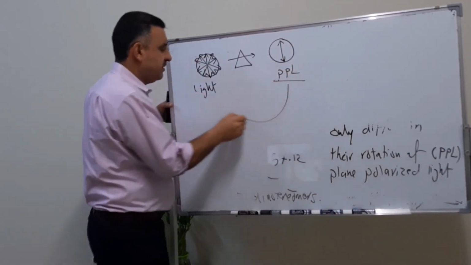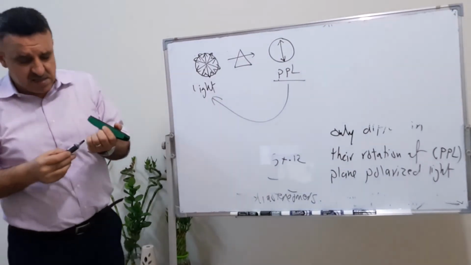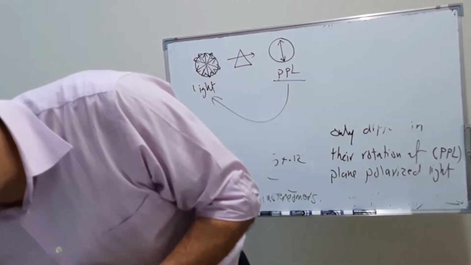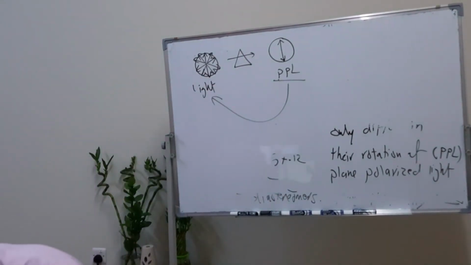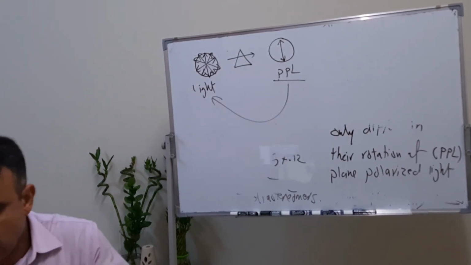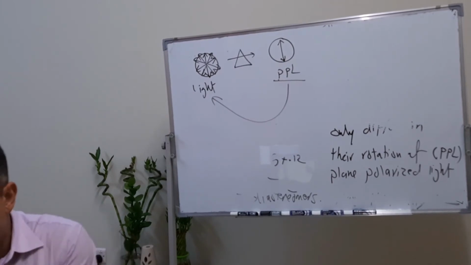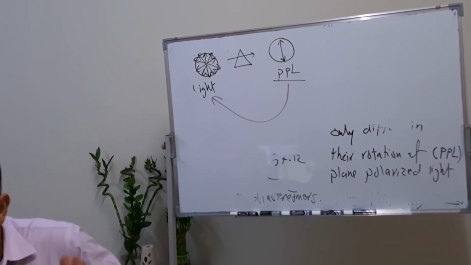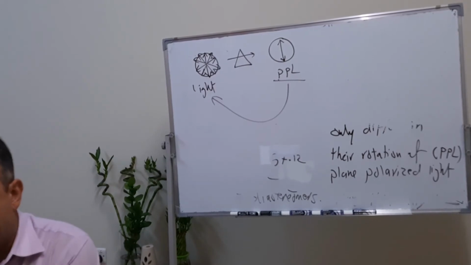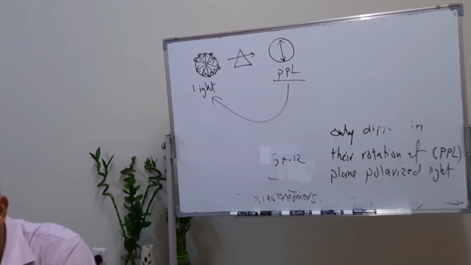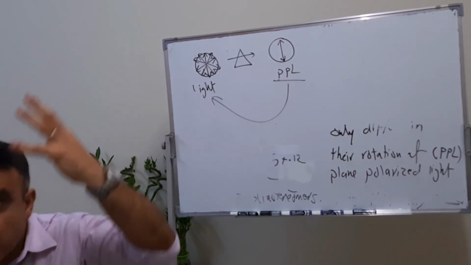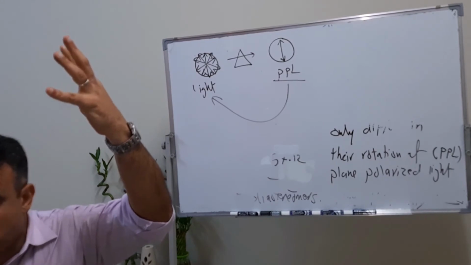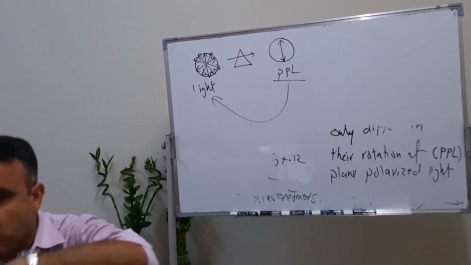What's the difference between plane polarized light and the normal light? You can see ordinary light from all directions, but plane polarized light you see only if you are on the same plane. In other words, you can see me from all directions because the light falling on me oscillates in all directions.